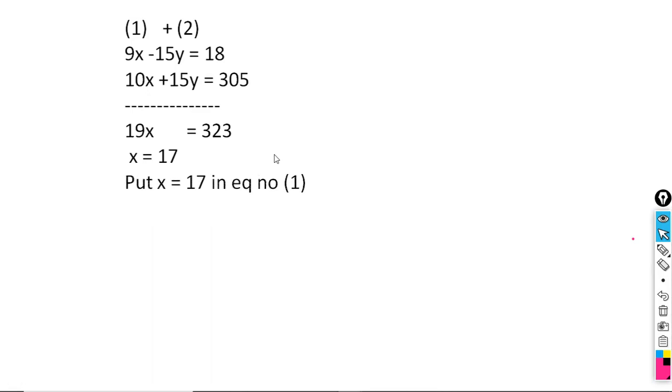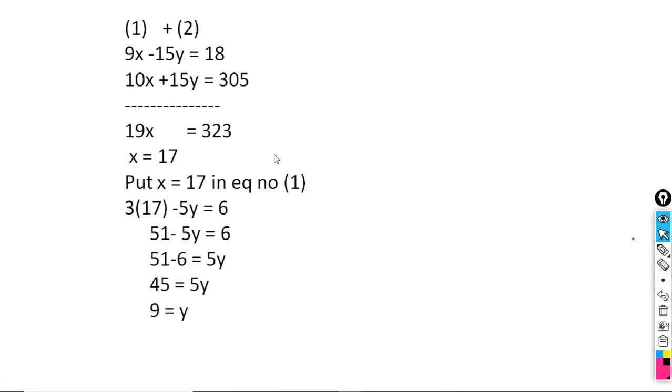Substitute x equals 17 in equation number 1. We find the value of y, which is 45 upon 5, equal to 9. So the length is 17 meter and the breadth is 9 meter.